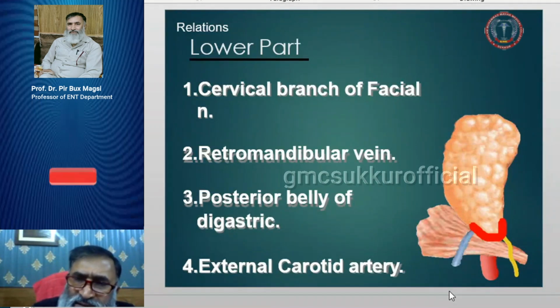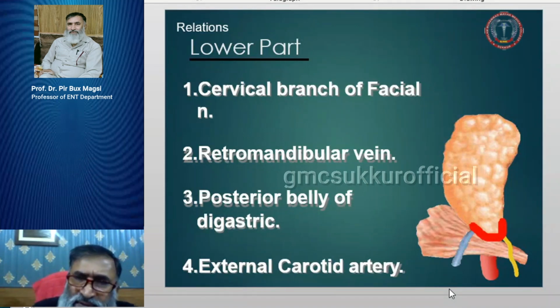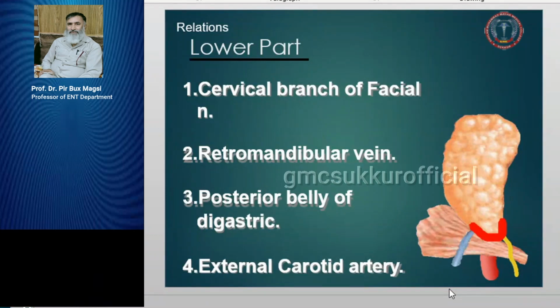So it is a very painful situation, and the face becomes very tight, and the face is tilted because the facial nerve does not work over here. The face becomes tilted toward the opposite side because of the pull of the opposite cervical fascia. Very painful situation.